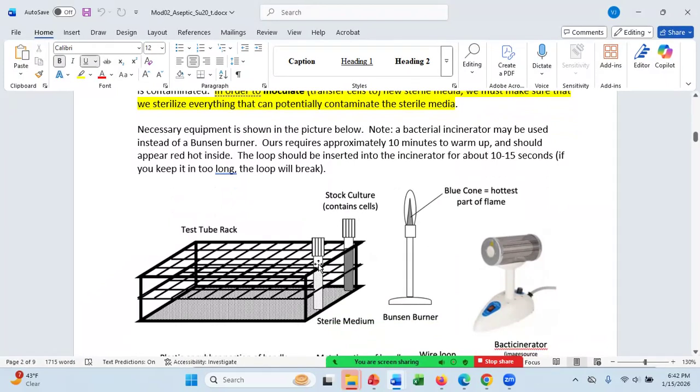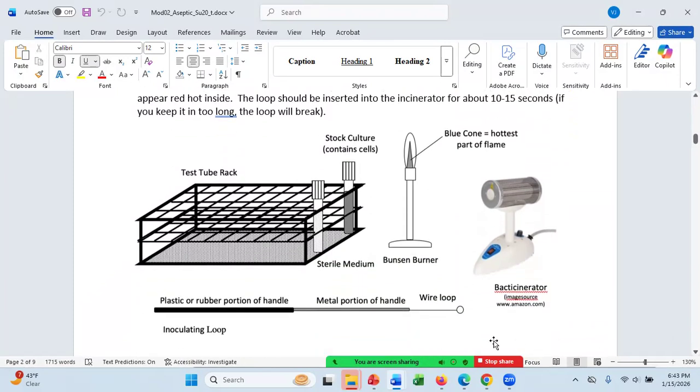It's been autoclaved, and so the inside of the tube is sterile, the top of the lid is sterile, meaning the inside of the top of the lid is sterile. You will need to sterilize the loop right here, and you sterilize it by either putting the wire portion of the loop inside the flame or inside the bacti-incinerator until the wire portion of the loop is red hot.